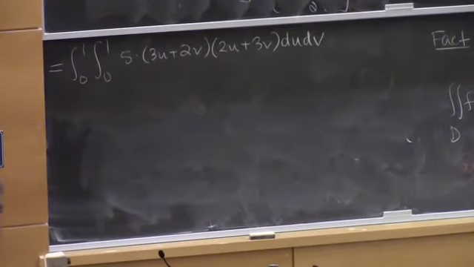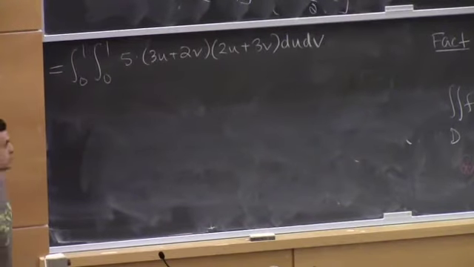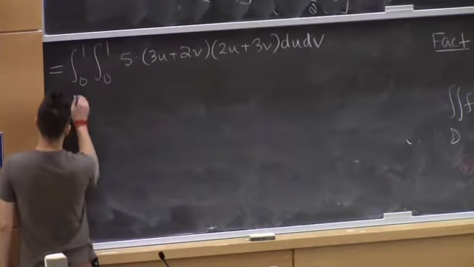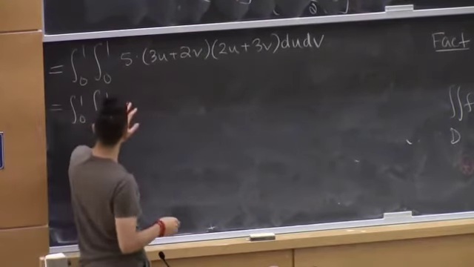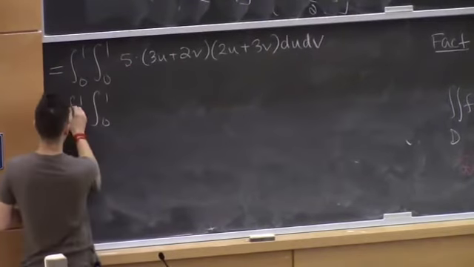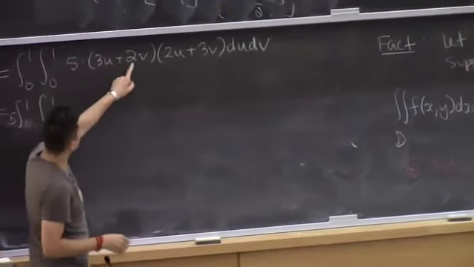Okay, and now we can calculate this thing out using elementary techniques. So I'd recommend pulling the 5 out front and then multiplying this stuff out.